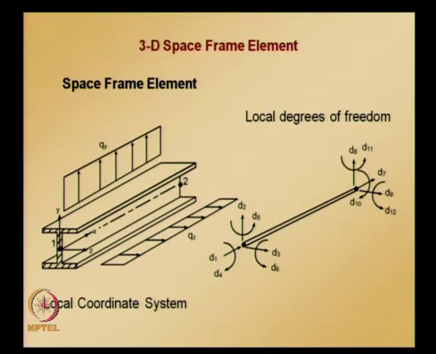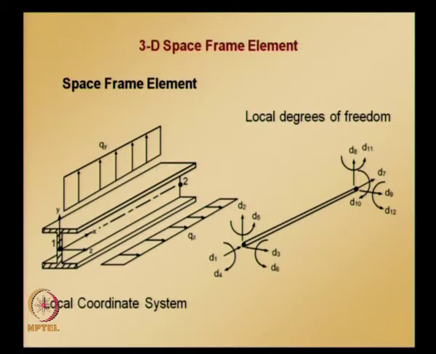The local coordinate system for space frame element is chosen such that the member is located along the local x axis. You can see in the figure the member is located along local x axis, and principal axes of its cross section are oriented along y and z axis. Local z axis is along the axis of maximum moment of inertia, and local y axis is along minimum moment of inertia. The element must include axial force effects, and bending effects due to loads applied in xz plane and xy plane.